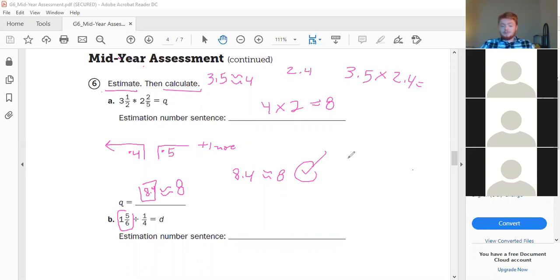All right? For those of you that don't know how to just turn that into a decimal yet, which we can talk about, 5/6 is very close to 6/6, which we know if there's a number over itself, what does that equal?